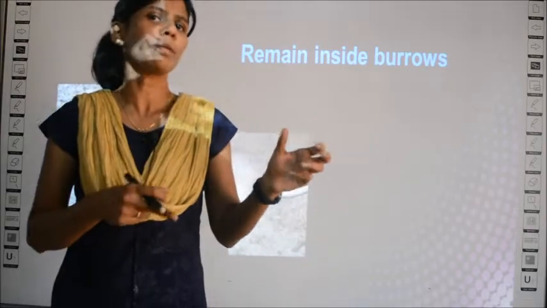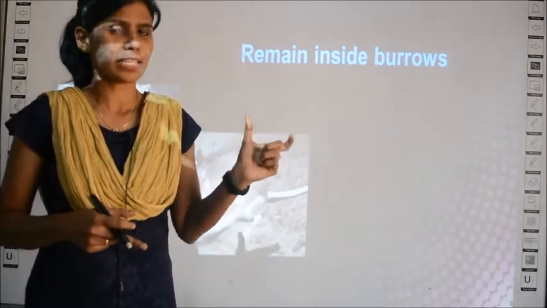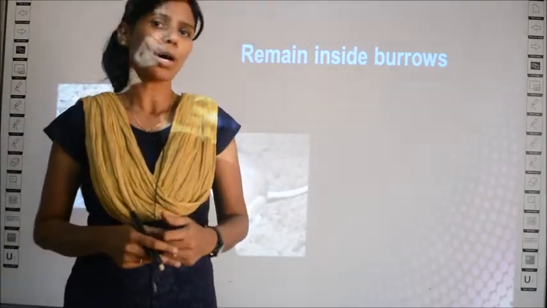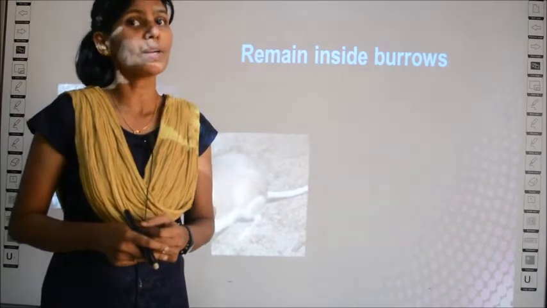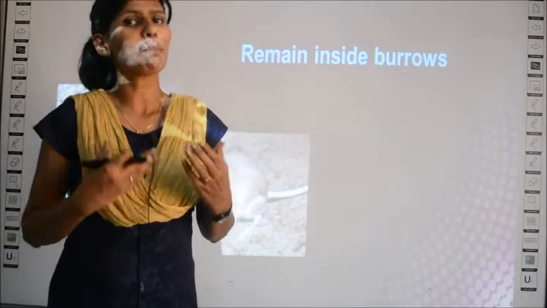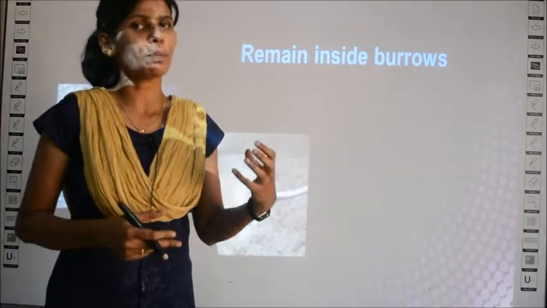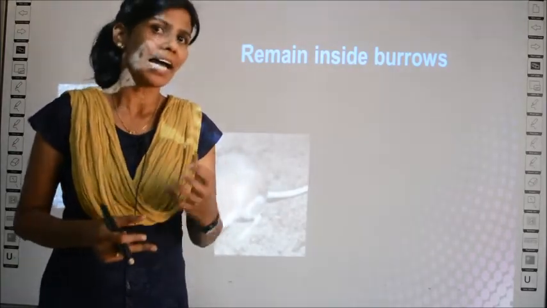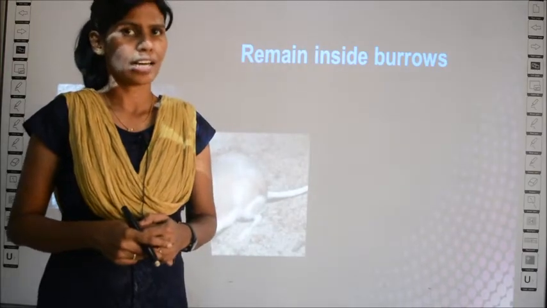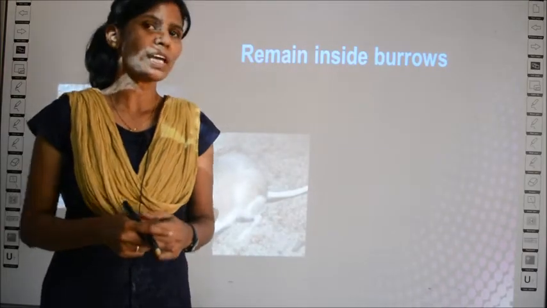The previous topic from this lesson was taught in your botany class because it was about adaptations in desert plants. So I made it in the botany class, and since this topic is related to animals, I have made it in the zoology class. Clear? So what is the topic for today?